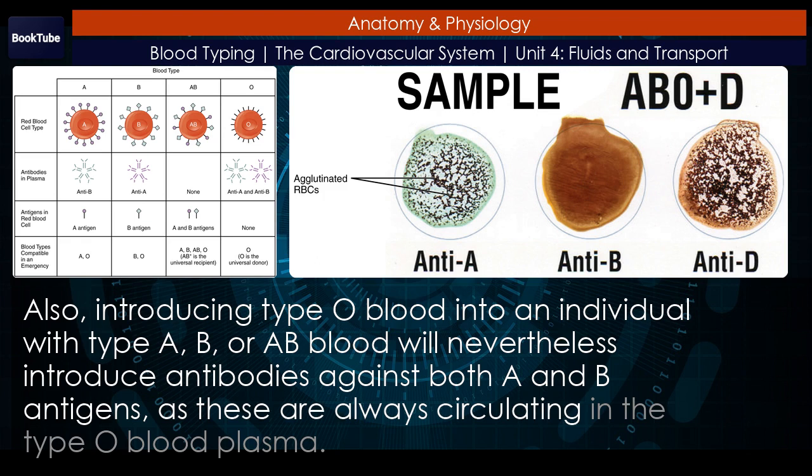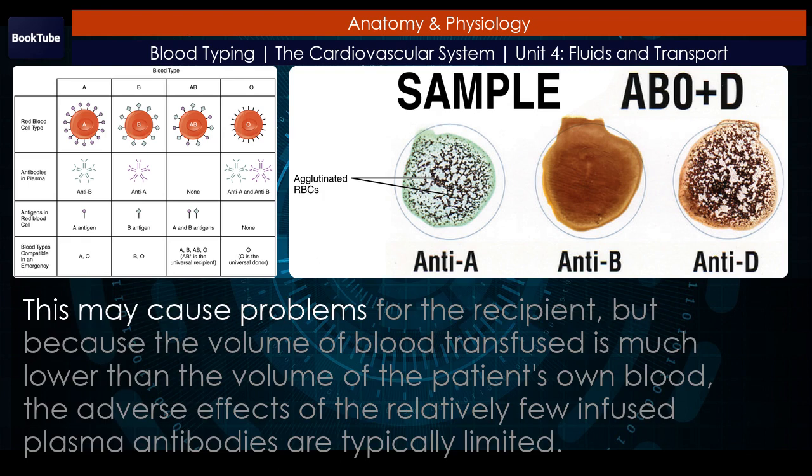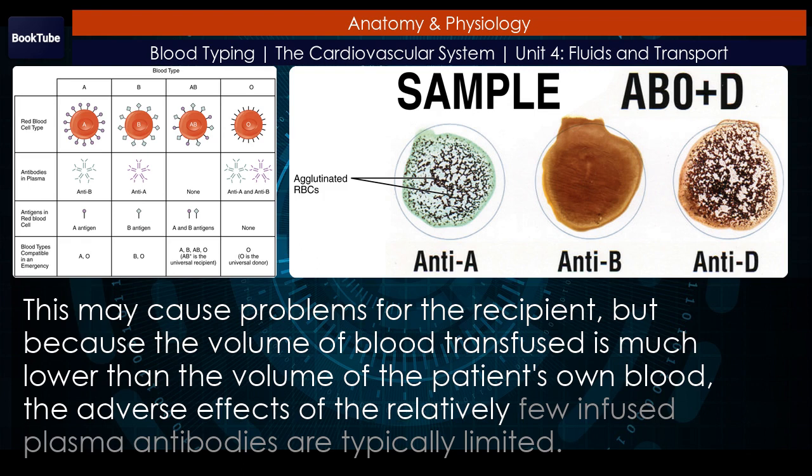As these are always circulating in the type O blood plasma, this may cause problems for the recipient. But because the volume of blood transfused is much lower than the volume of the patient's own blood, the adverse effects of the relatively few infused plasma antibodies are typically limited.